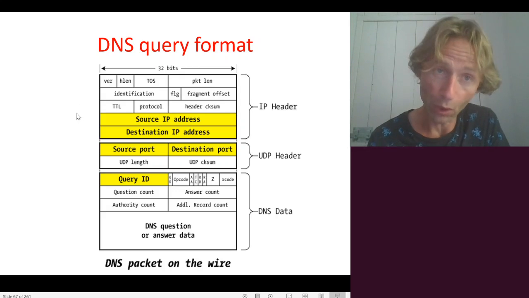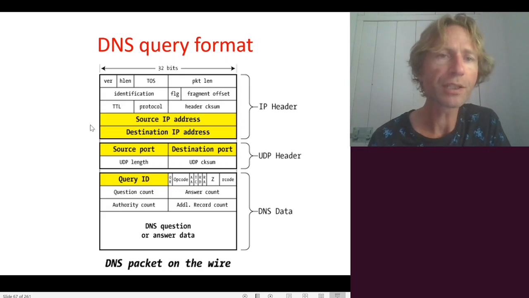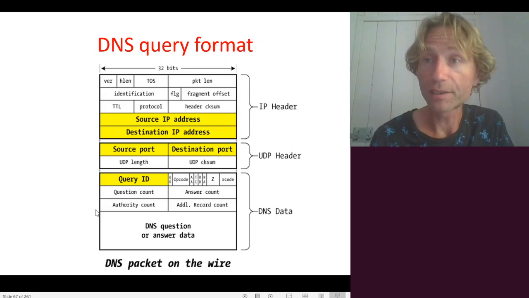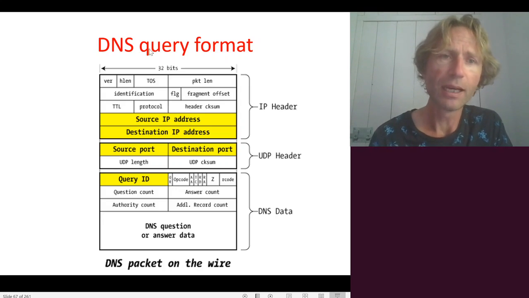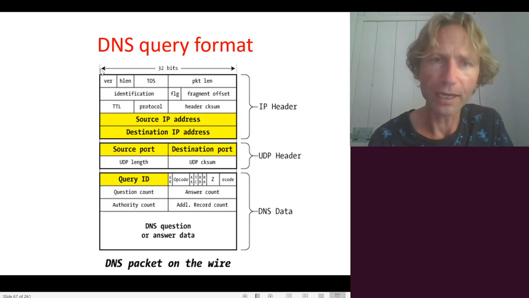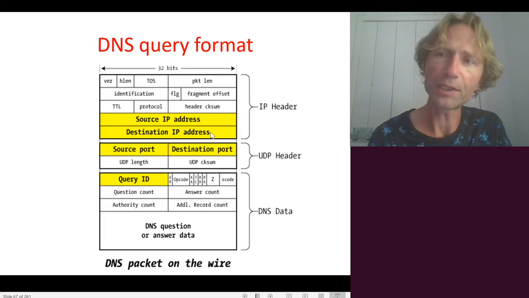A DNS query on the wire contains an IP header, a UDP header, and then the UDP payload, or the DNS data. I don't want to say too much about the IP header. We should all know IP headers, but it contains at the very least a source IP address and a destination IP address.